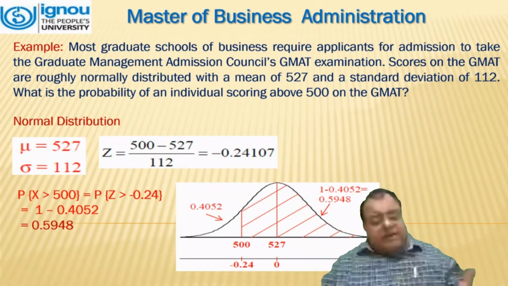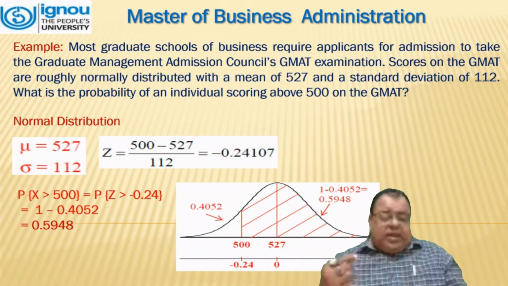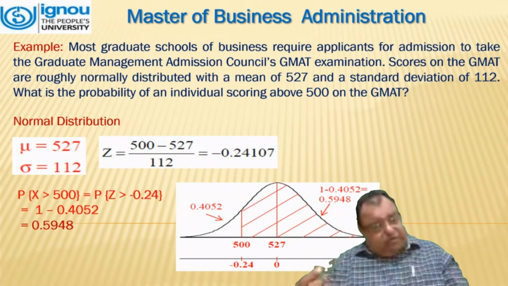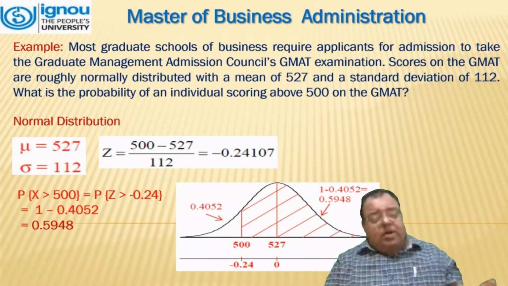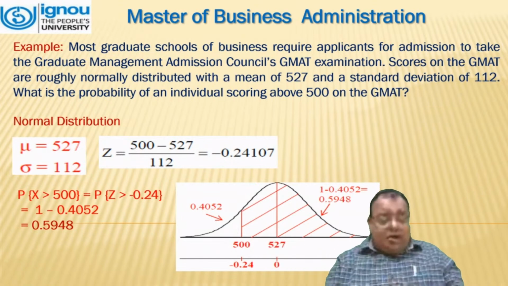Converting it to z, it will be the probability z greater than negative 0.24. The value of z equal to negative 0.24 will be given in the problem, or we can take it from the table or from the computer online.